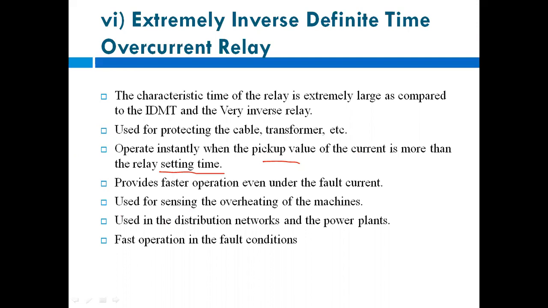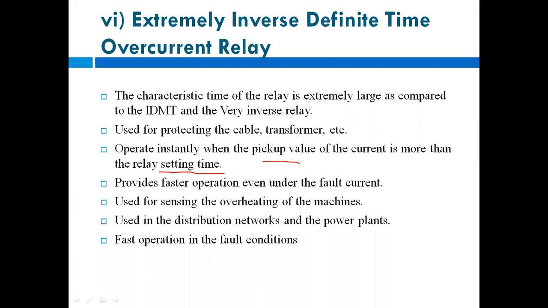Then it is used for sensing the overheating of machines. The relay is used to sense the fault. This is the function of the relay. If any machine overheats, your relay will sense that the machine is overheated.